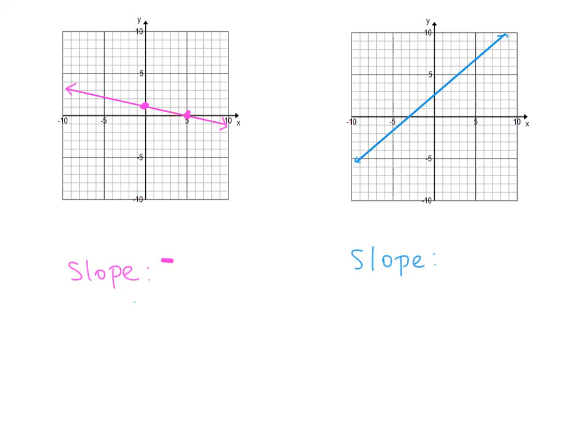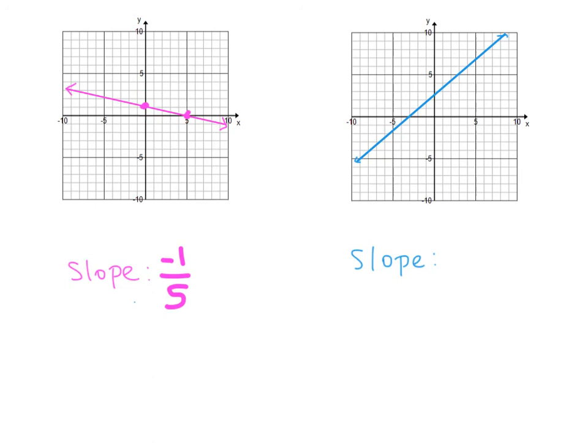So down 1 and right 5 is a negative 1/5 slope. Your answer should have been negative because the line is decreasing. The second example, the line is increasing, so your slope should be positive.